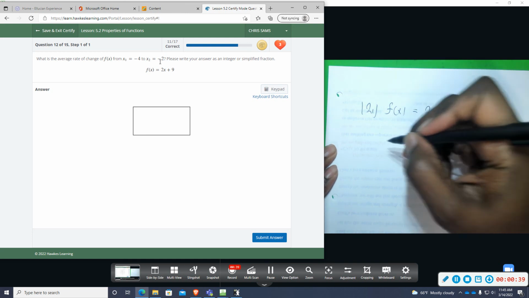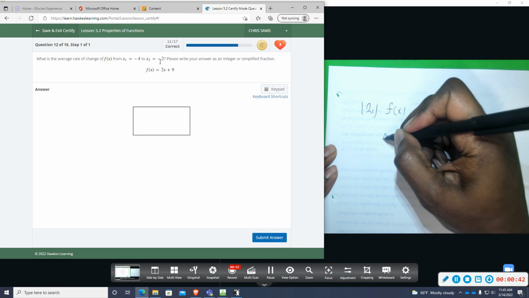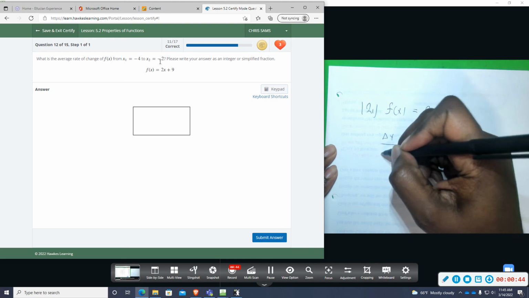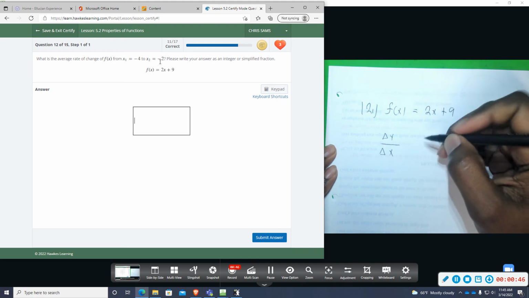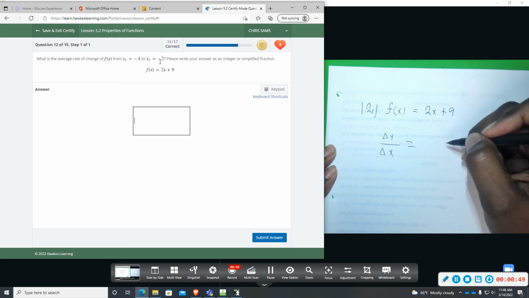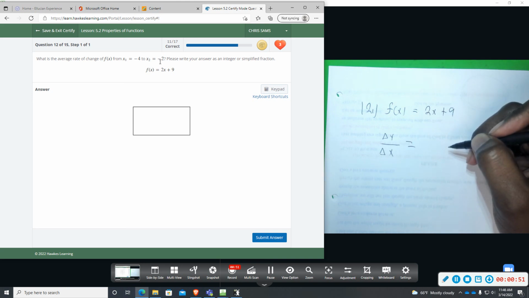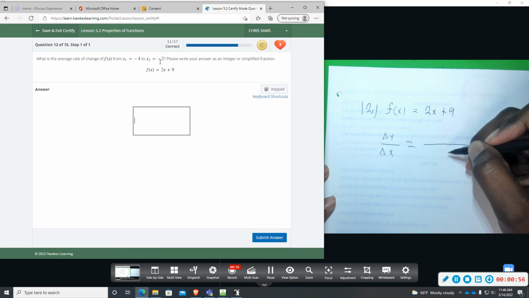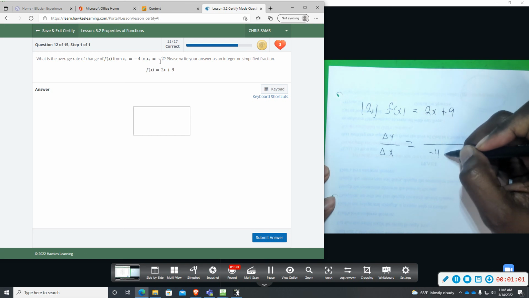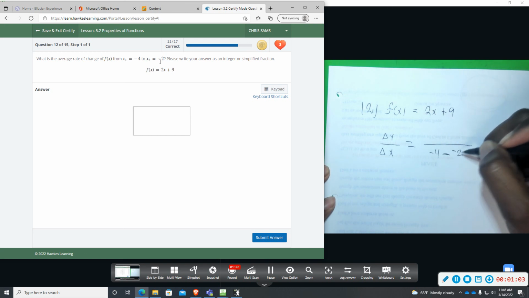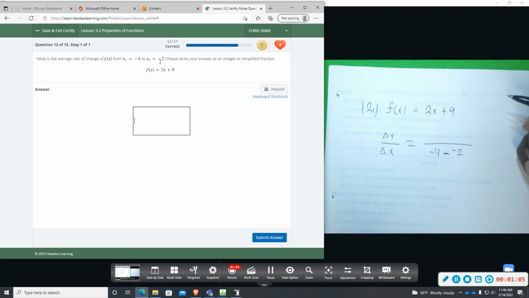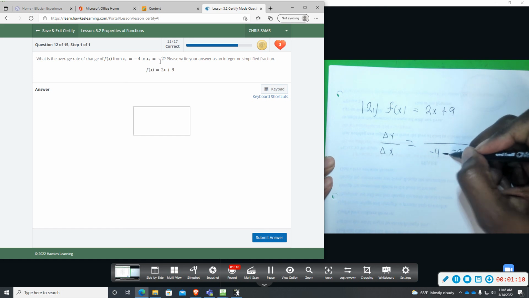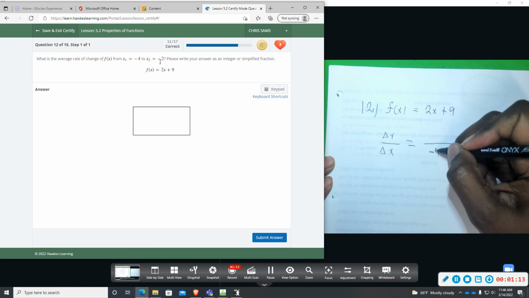Okay, so we're going to be doing change in y over change in x, and our x values, we already have them both. -4 minus -2, and we actually have to find the y values.